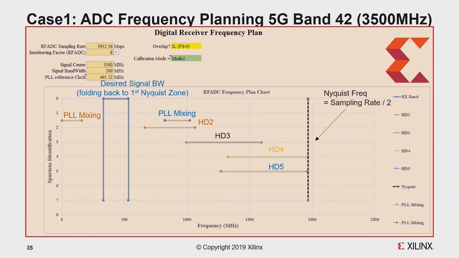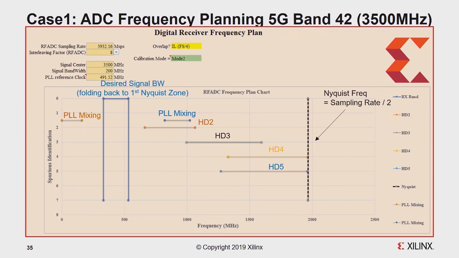The blue color is our 3.5 gig with 200 megahertz. How come it is down at 432? Because the frequency comes from the difference between the 3.9 gig minus the 3.5 gig. So the difference is 400 megahertz. That originates from the second Nyquist zone and then falls back to the first one, because I said they are mirrored, right? So they will fall back to the lowest frequency.